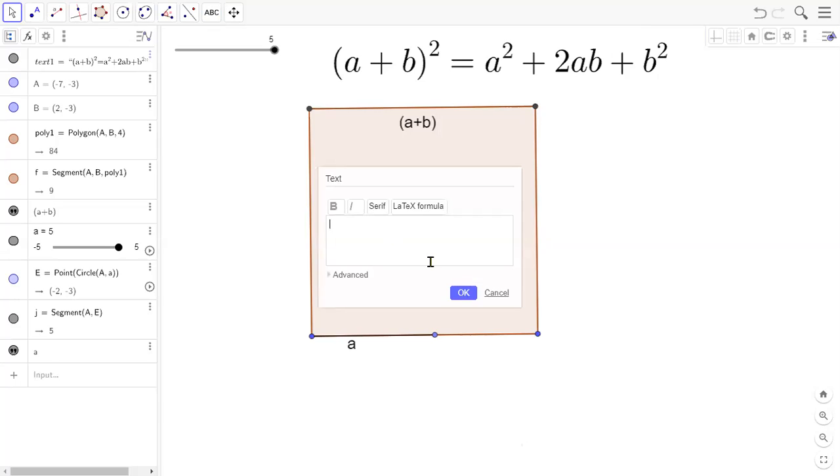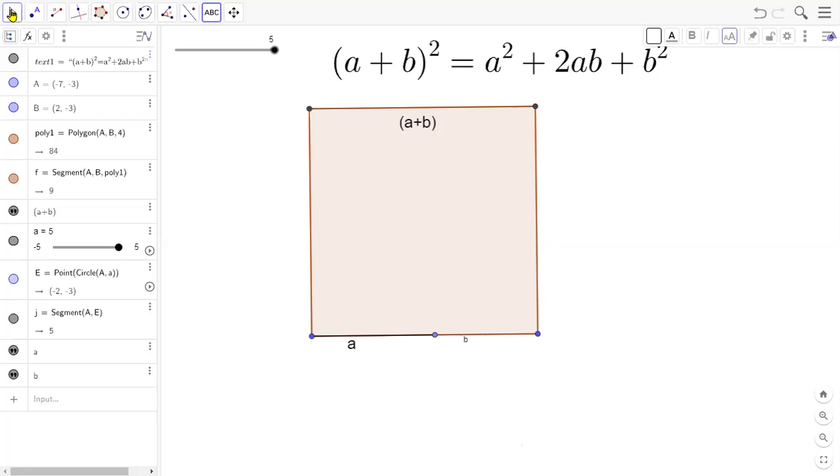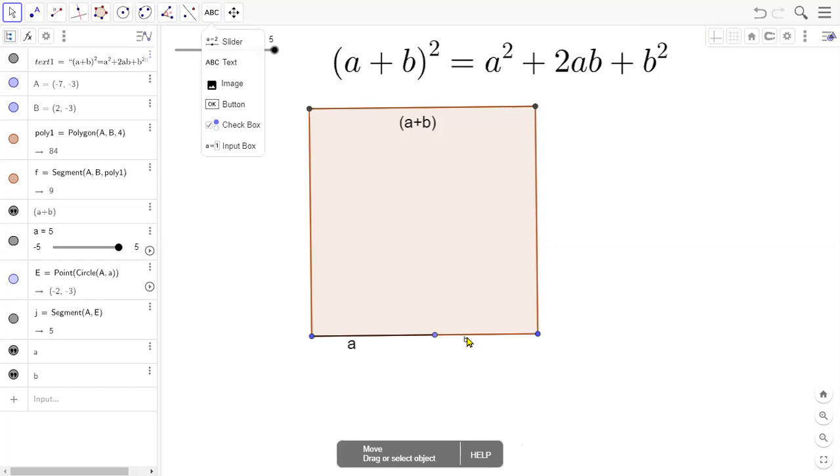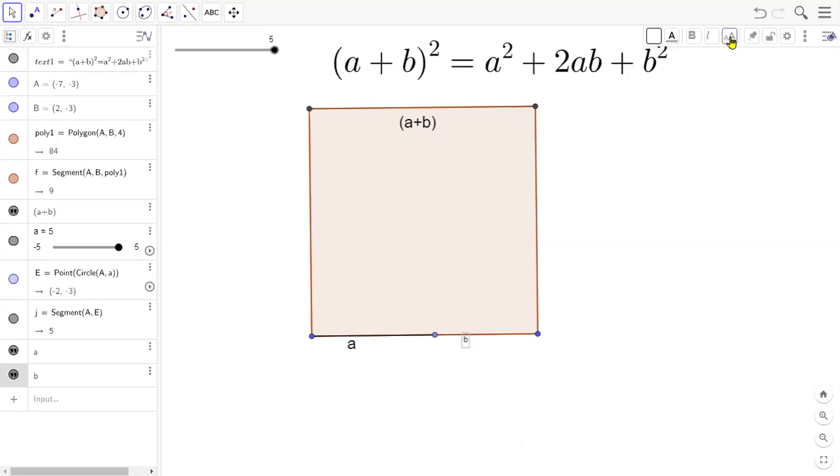Here I have split the total a plus b into the two segments a and b separately. A plus b is divided into the two segments a unit and b unit.